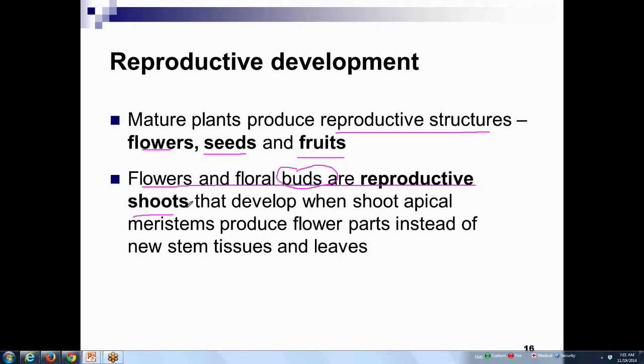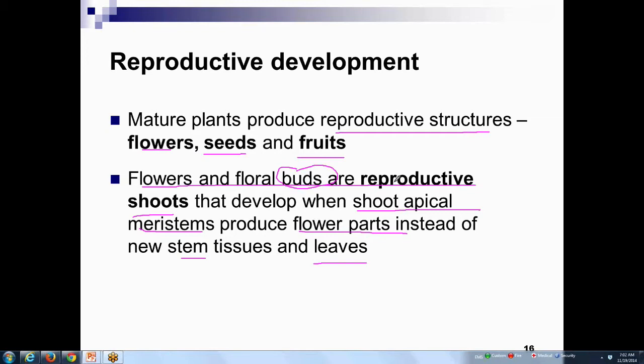These are reproductive shoots that develop when the SAM, or shoot apical meristem, produces flower parts instead of new stems and leaves. And so this would happen typically in an annual. It will happen towards the end of the growing season. In a biennial, you'll see a lot of reproductive growth in the second year of life. In the first year, they put most of their energy into vegetative growth, and then their second year, they'll go into reproductive mode and then die.